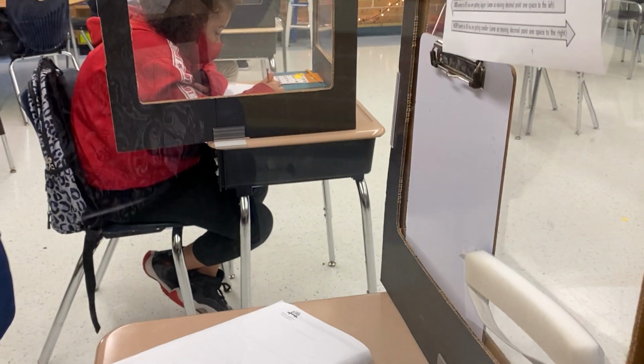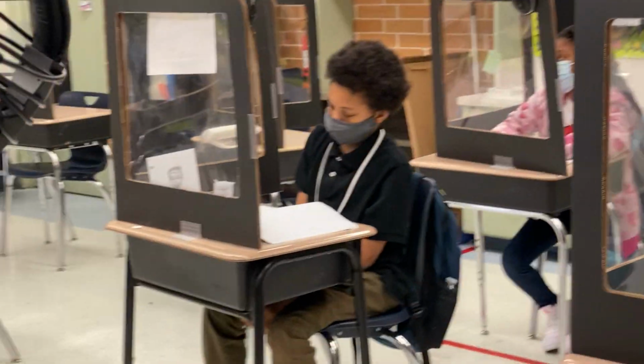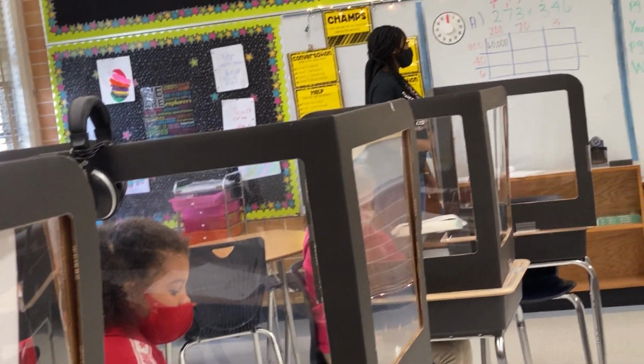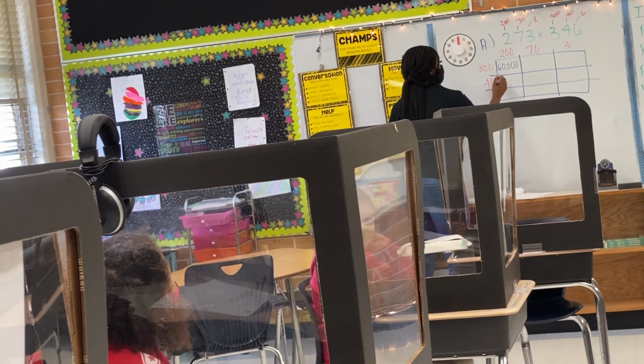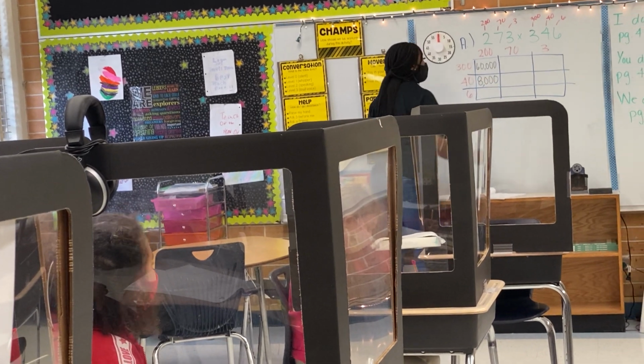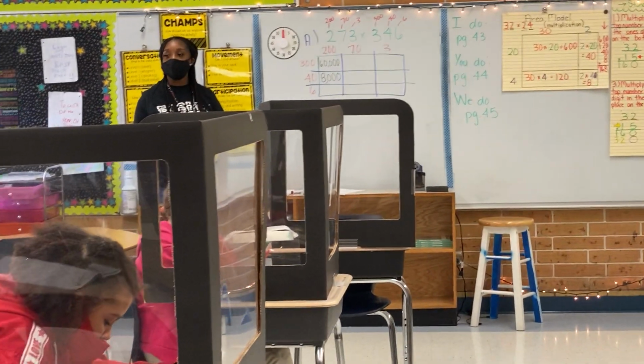Lucas, are you done already? Very good. Lucas, 200 times 300. 60,000. Natalie, 40 times 200. That's correct. 1,000. Awesome. 200 times 6.